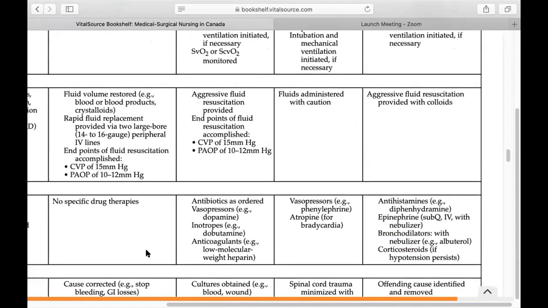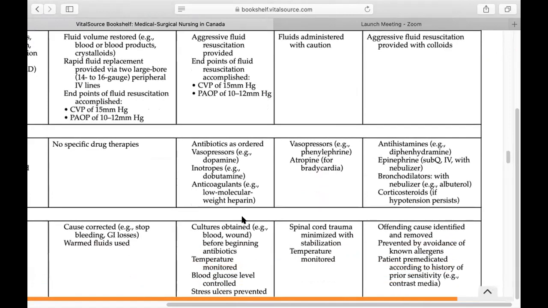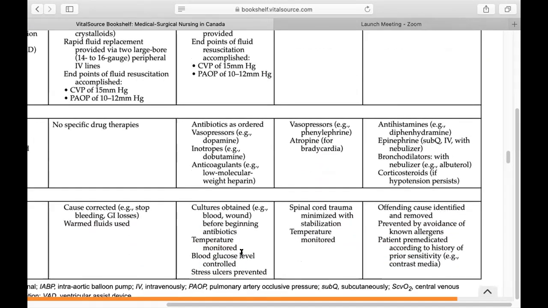Of course, we talked about these meds here, depending on what's going on with clotting and balancing that with DIC, and what's going on with needing blood pressure increased, what's happening with the heart, what's happening with antibiotics. We've talked about these types of things. Blood cultures, temperature, blood glucose, stress ulcer prevention. This all ties in with things we've talked about generally and within this unit.